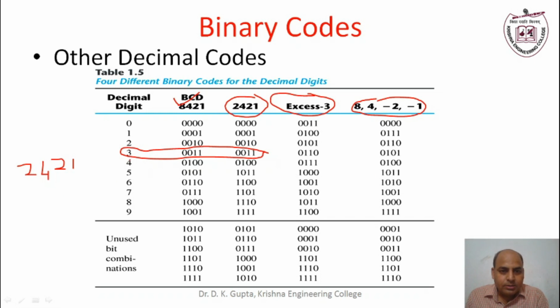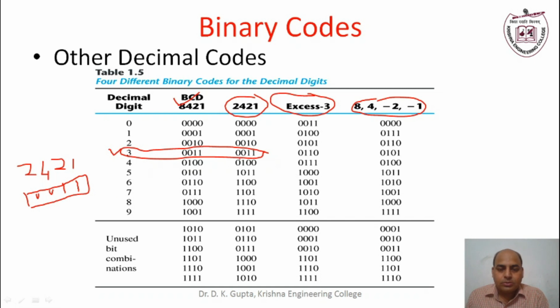If 1 is written here, that means 2, and if 1 is written here, that means 1. So 2 plus 1 equal to 3. So the code is 0011 for decimal 3.